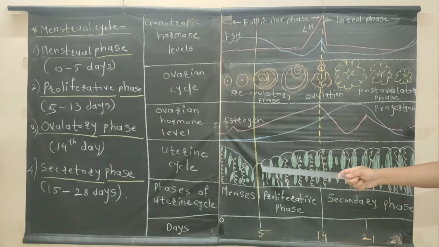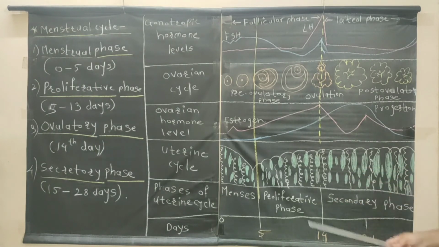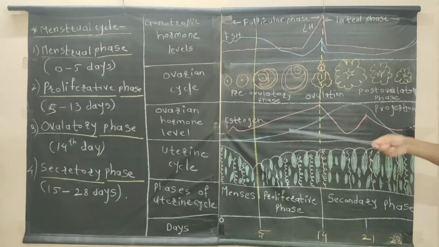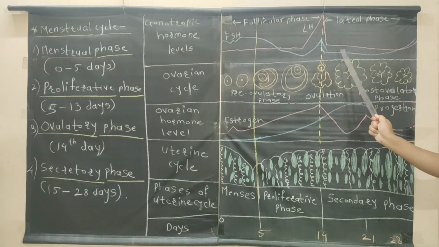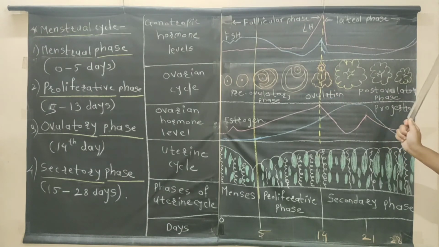The last is the fourth phase, the secretory phase, that is the secondary phase. It is also called the luteal phase, and this phase includes 15 to 28 days. In the graph you can see hormone levels decrease.